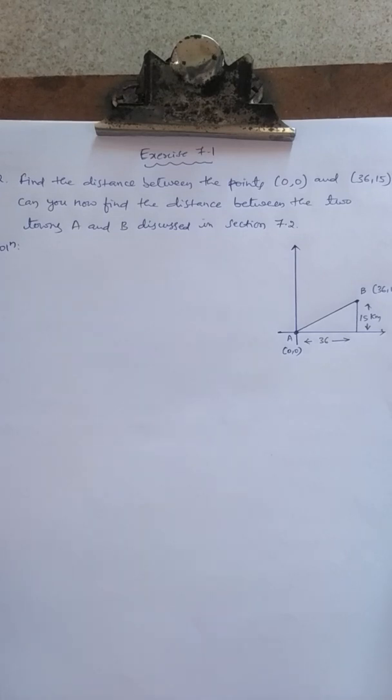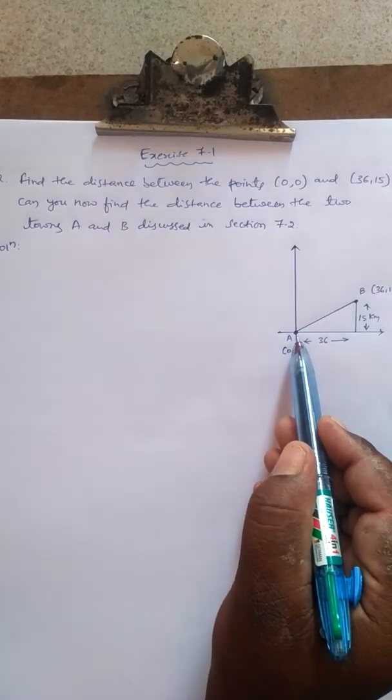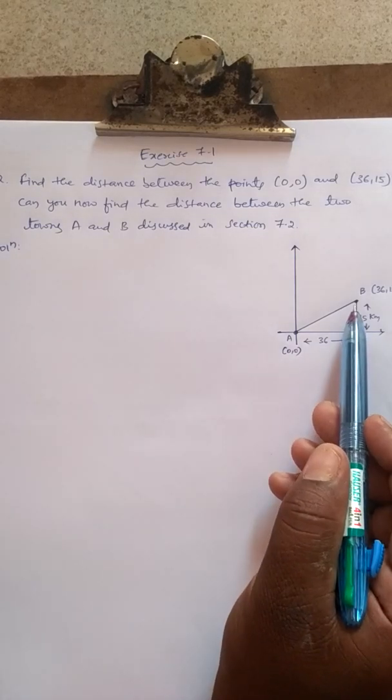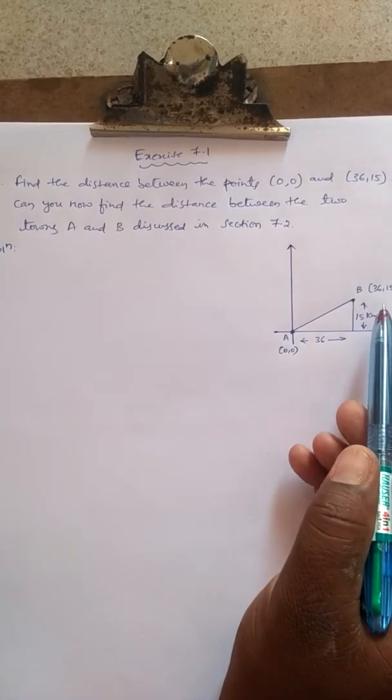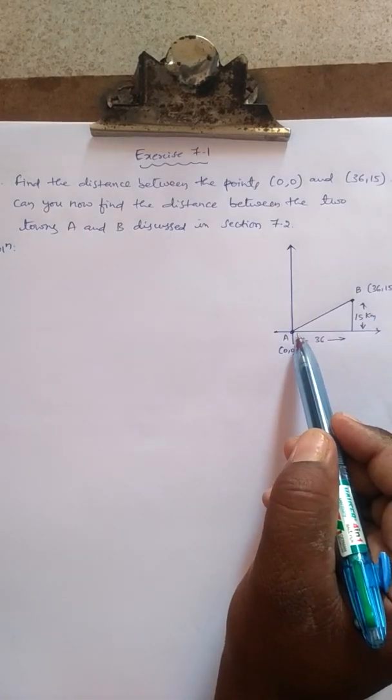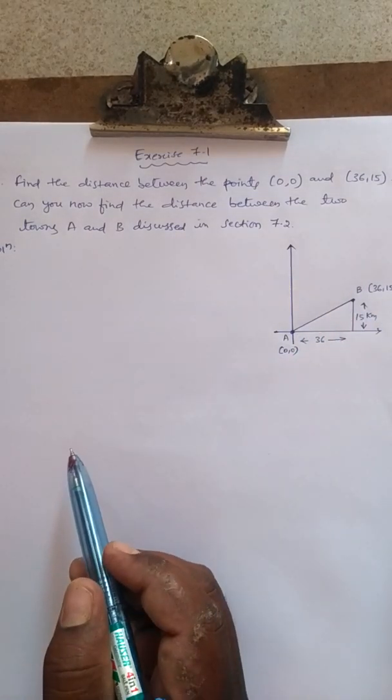In this solution, to find the distance between towns A and B, here is town A, whose coordinates are 0, 0, and here is town B, whose coordinates are 36, 15. So here we have to find the distance between A and B by using the distance formula.